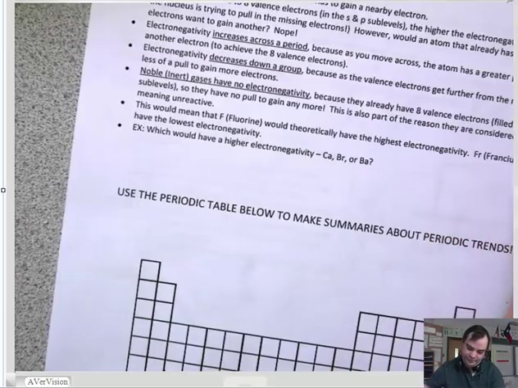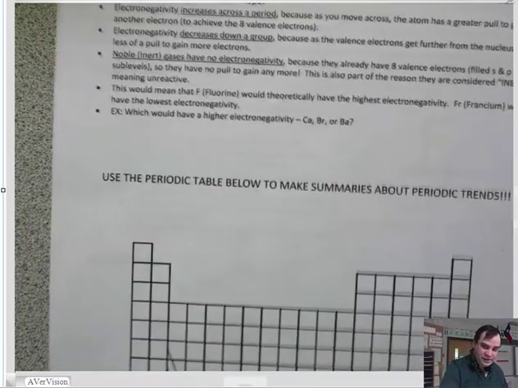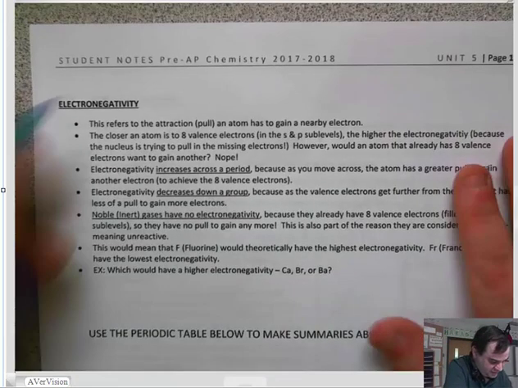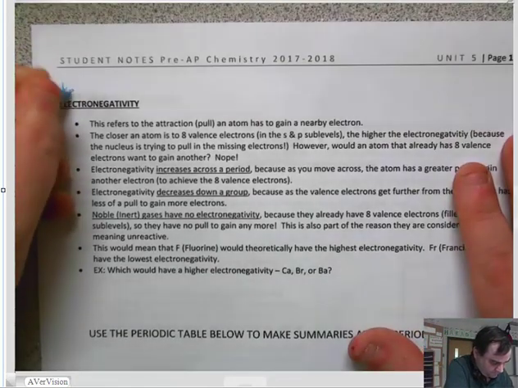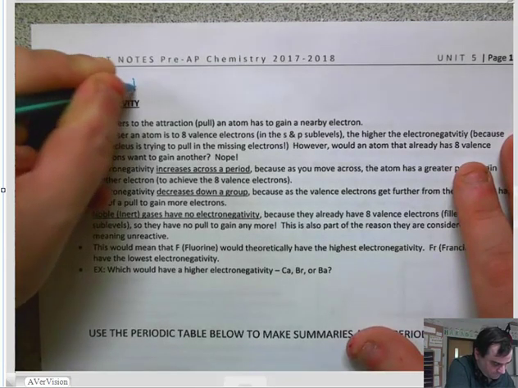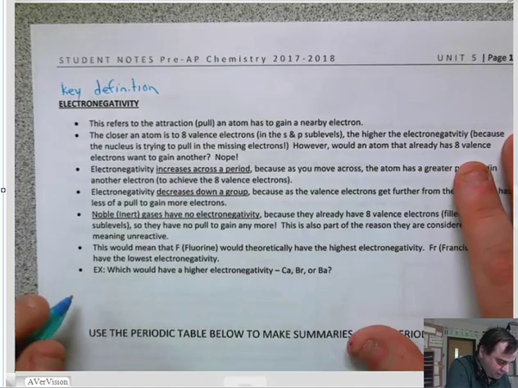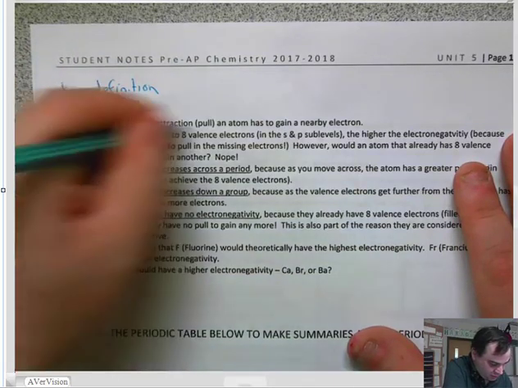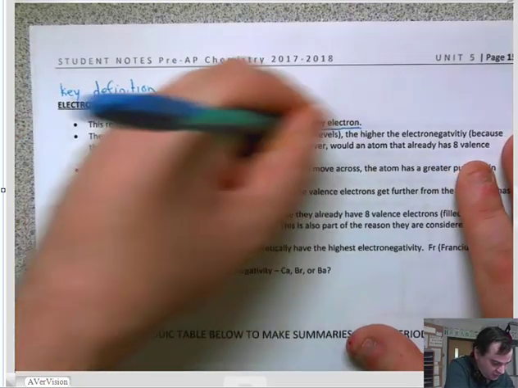Now let's look at the opposite property here. Electronegativity is a key definition. Okay? This refers to the attraction, a pull, an atom has to a nearby electron.